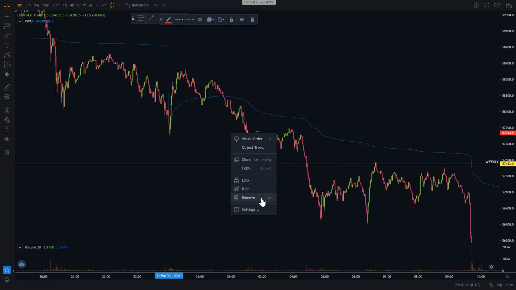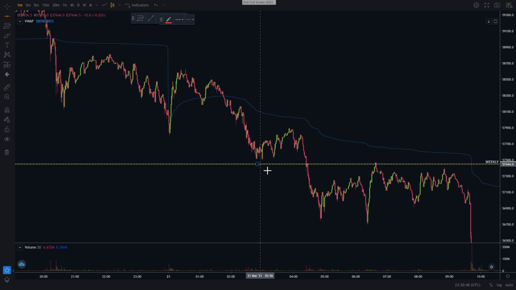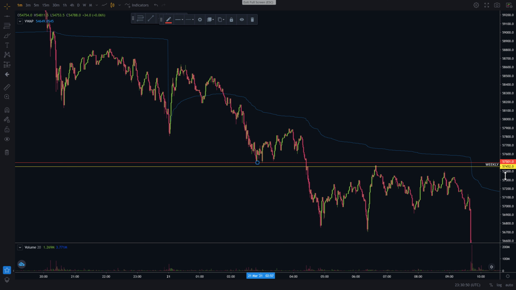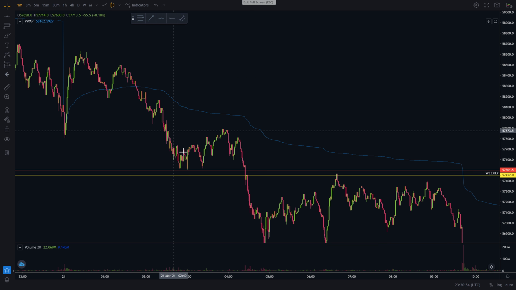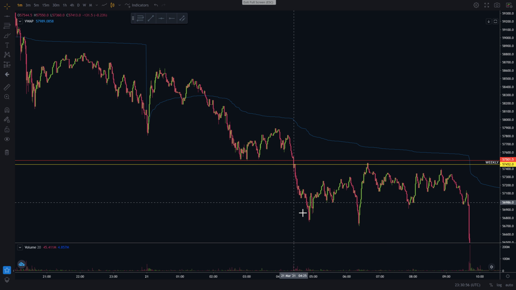So we can delete this line. We made another low here. This was another low. We again fell down, we are bouncing, and now we are approaching this area, because it doesn't have to be precise, it's a region. In all this region you again have trapped longs.